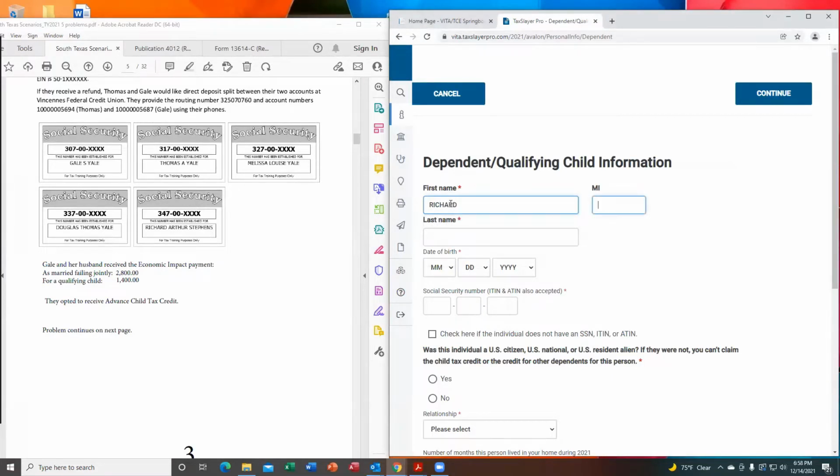Arthur, and just be careful with the last name. The system maintains the last name of the primary taxpayer. So you need to just pay attention to the Social Security card. So from the intake form, I'm going to use his date of birth, September 5th of 1964.